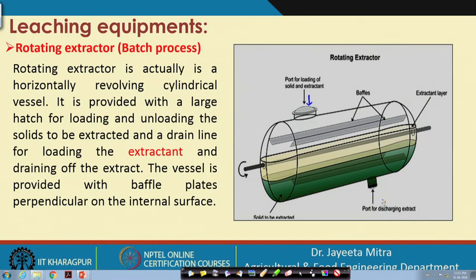Extract discharge is also given here, and the solid to be extracted is kept here. Okay. And different extractant layers are given, and also baffles are provided. It is provided with a large hatch for loading and unloading the solid to be extracted, and a drain line for loading the extractant and draining the extract. Okay. So, this vessel is provided with baffle plates perpendicular to the internal surfaces.